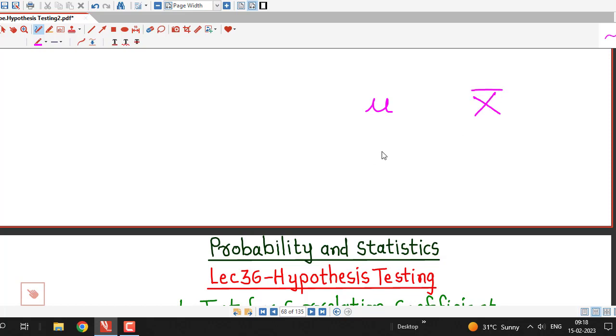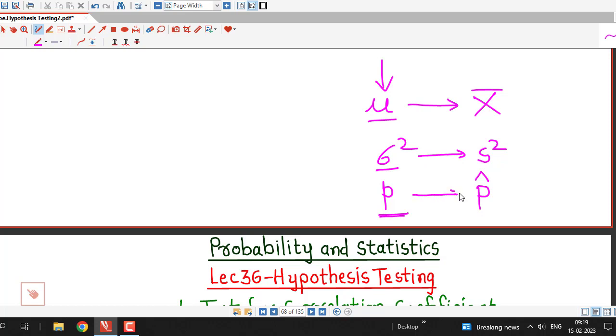Similarly, we have seen how we can estimate variance using the sample variance. We have also seen how to estimate population proportion using sample proportion. So we have conducted hypothesis tests for population mean, population variance, and population proportion using the corresponding sample statistic.